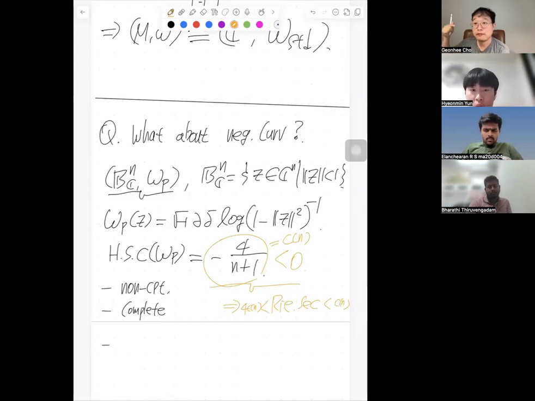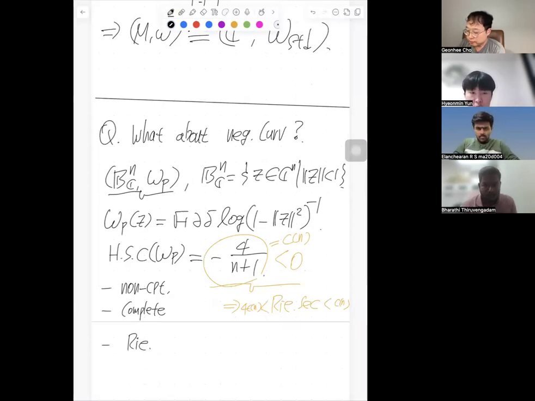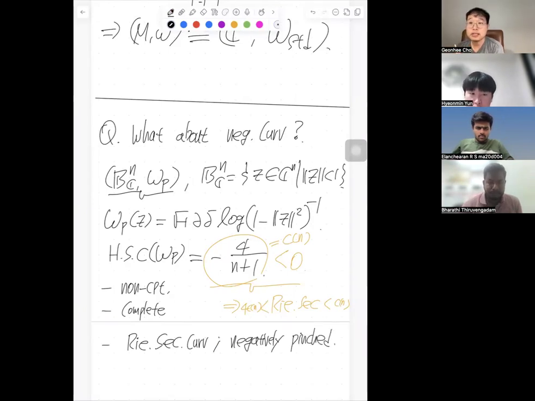However, if the holomorphic sectional curvature is constant, then it is between C_n and 4 times C_n. That's just a fact from the curvature tensor. Let me just quote the result. So the Riemannian sectional curvature is negatively pinched. So this is what we know regarding complex hyperbolic space.